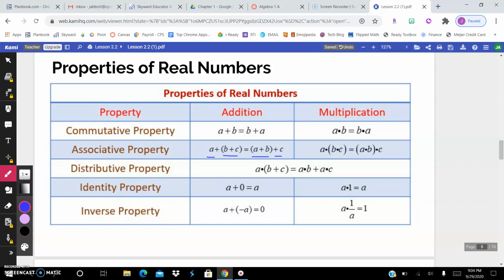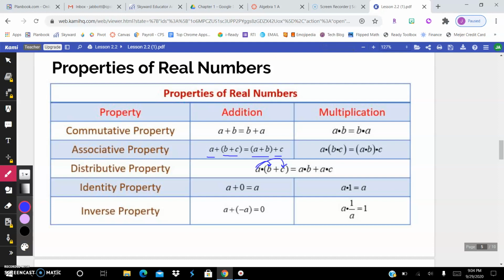The distributive property is where I take that number outside and I distribute it in. So I have to multiply it by both terms inside of that parenthesis. So I have A times B and I have A times C, and then I have to add those together. The identity property says for addition that if I add a number to 0, I'm going to keep that number. And for multiplication, it says I can multiply any number by 1, and I'm still going to get that number as an answer. And then the inverse property is just talking about opposites.